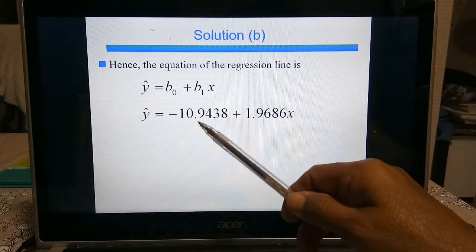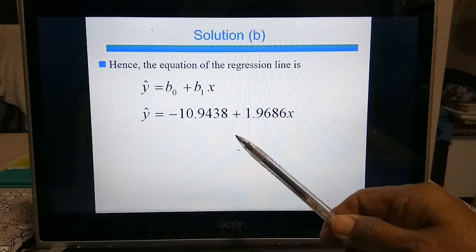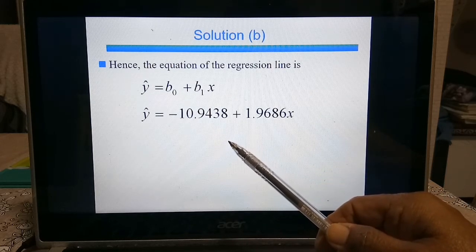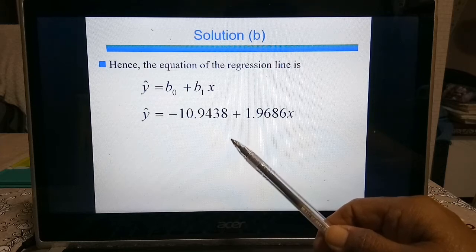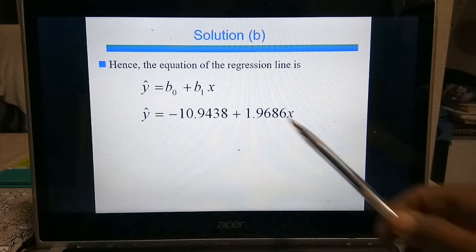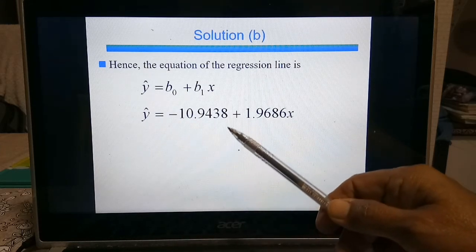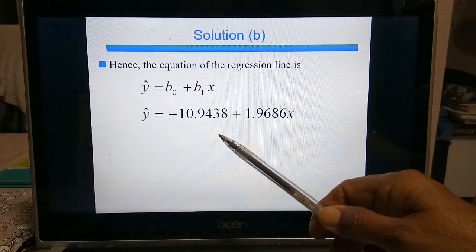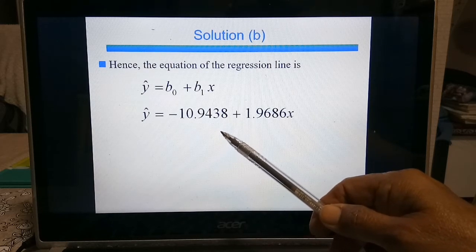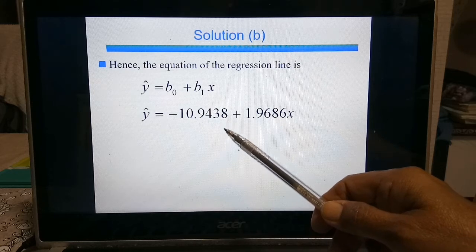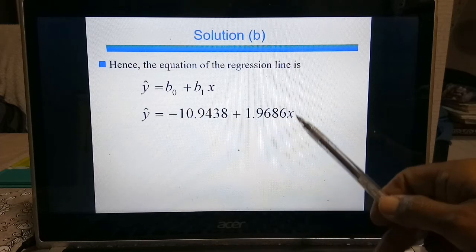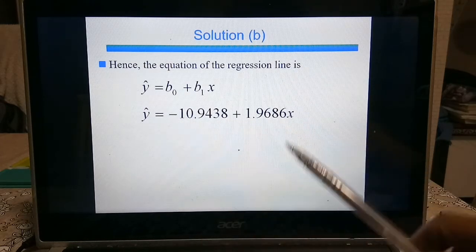So we get this formula for the regression line, which connects the number of months smoked with the percentage of lung disease. From here we use it to predict the percentage of lung disease based on the number of months smoked. Substitute X equal to 30, what is Y?